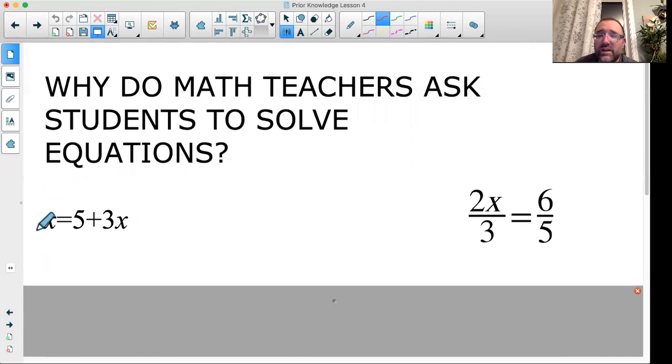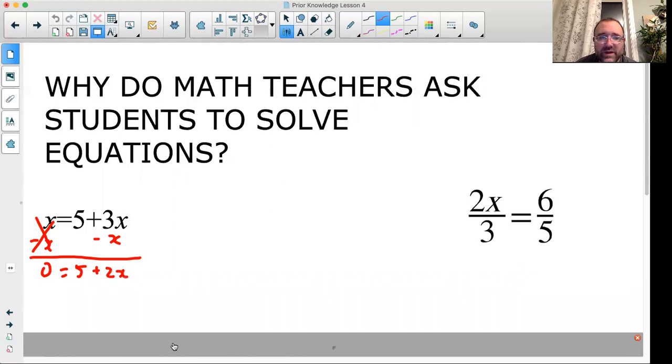If you have a variable on the left-hand side and the right-hand side, and then a constant of 5, you want to isolate one of the variables. Right now we have 2 of them. Rule of thumb is always get the smallest one out of there. So negative x. I did negative because this is saying plus x right now, so that's the opposite. That crosses out, and we are left with 0 equals 5 plus 2x. Are we done there? No, because we still haven't isolated the right-hand side.